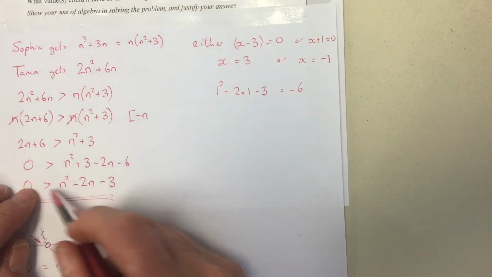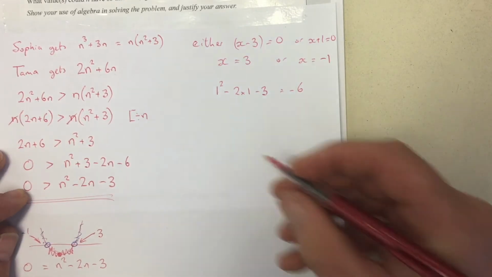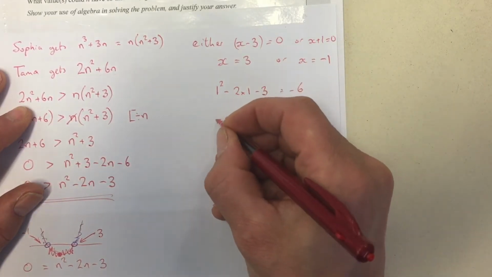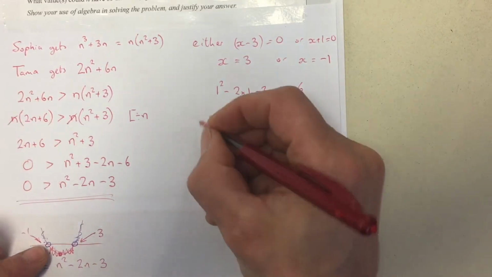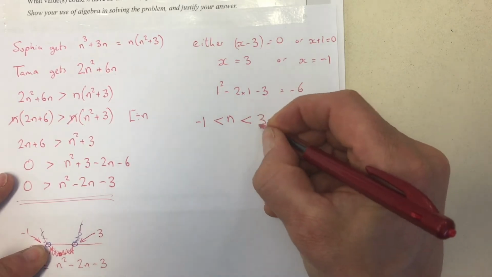So that is less than 0. So I know that I want this bit here. So I know that n must be bigger than -1, but must be smaller than 3.